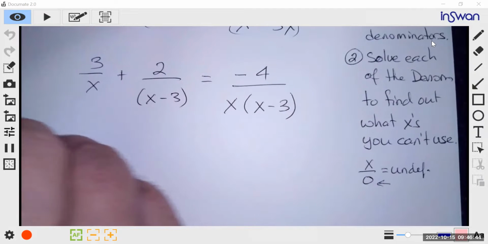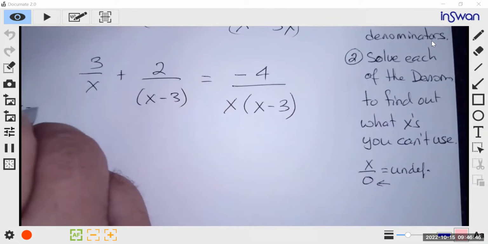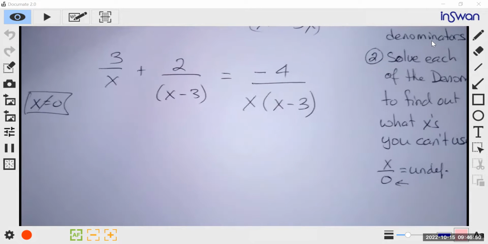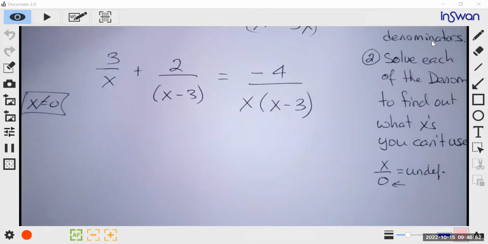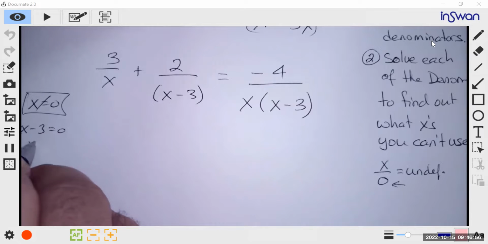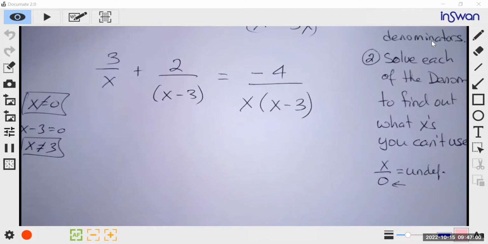So in here, we have x equals 0. We can't use 0. So our final answer is x cannot be 0. X minus 3 equals 0. So x cannot equal positive 3. It's the same in there. So the two x's we cannot use are 0 and 3.